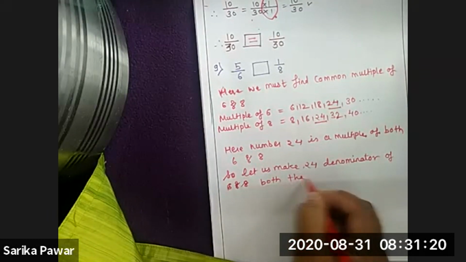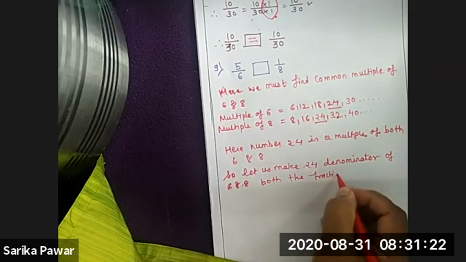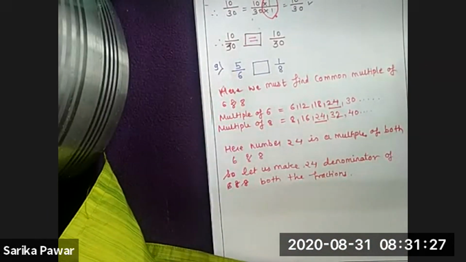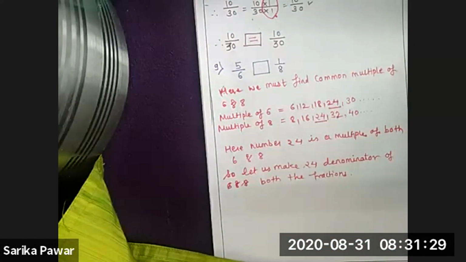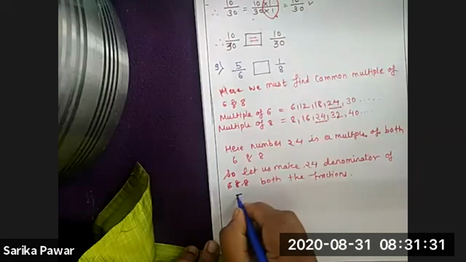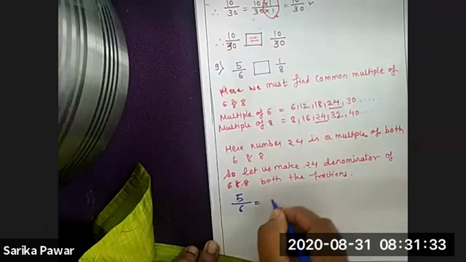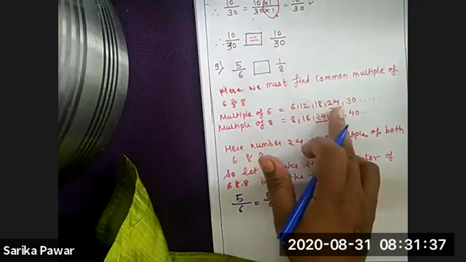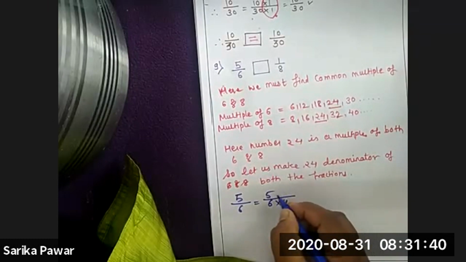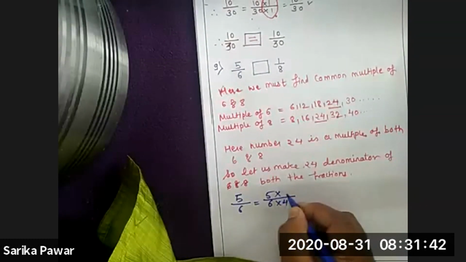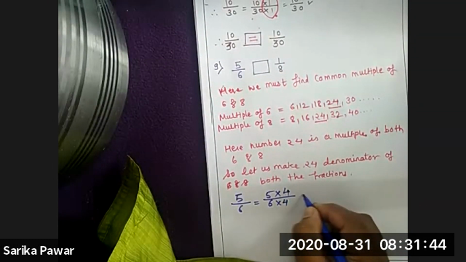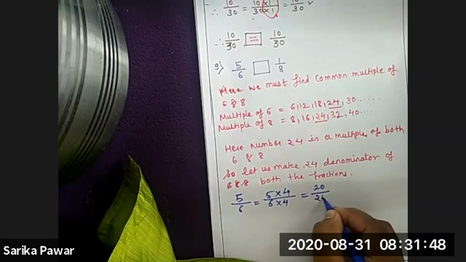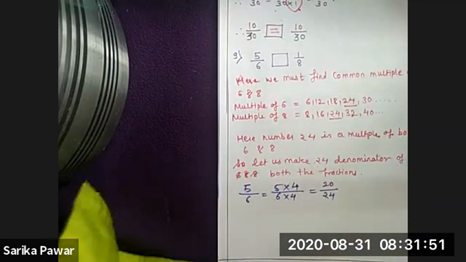Not 6 and 8, both the fractions. First one, 5 upon 6. See here, 6 4 ja 24. So here also I will multiply by 4. 5 4 ja 20 and 6 4 ja 24. Got it all of you?